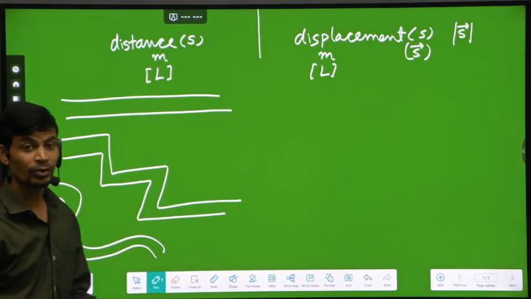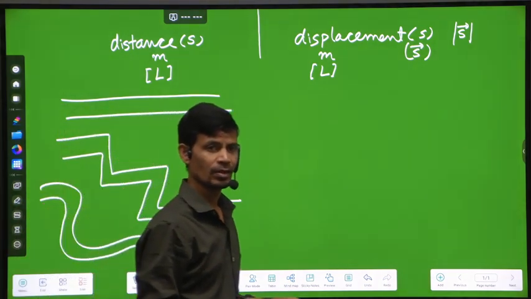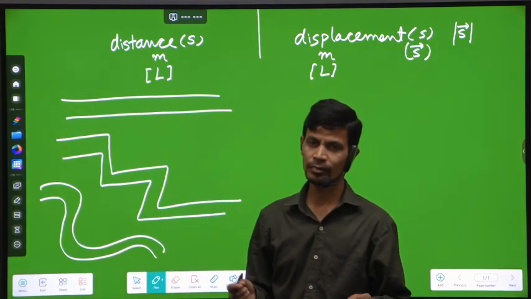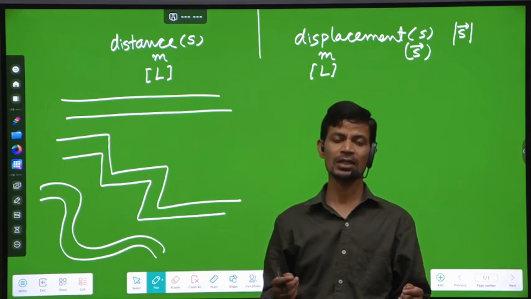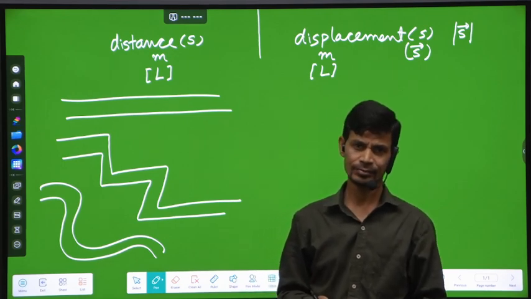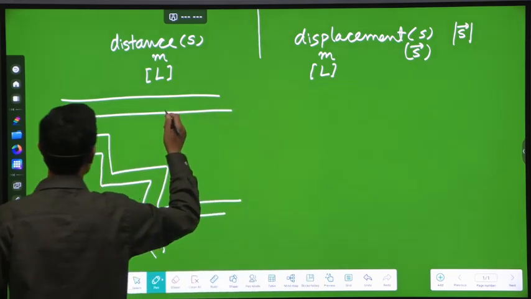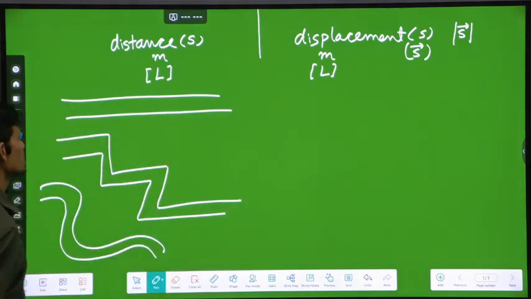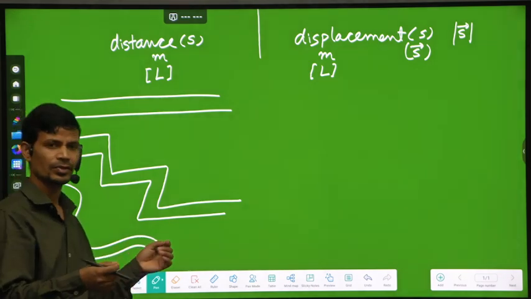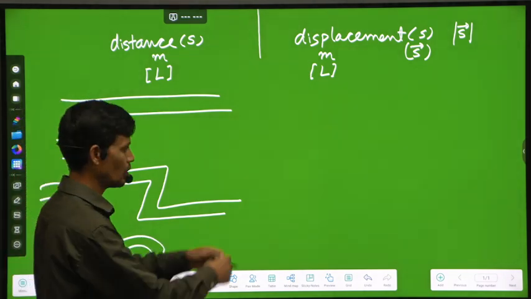And how are we going to measure distance? We are going to measure distance using a meter tape. So we can easily measure it, no matter whether it is a straight path, a zigzag path, or a curved path. We are going to measure it using a meter scale or meter tape.